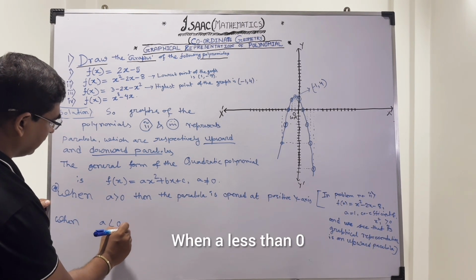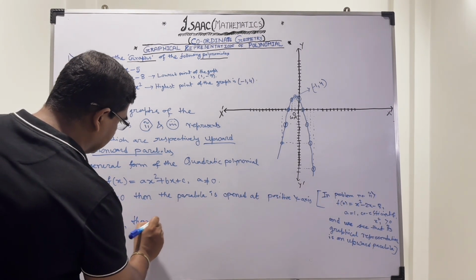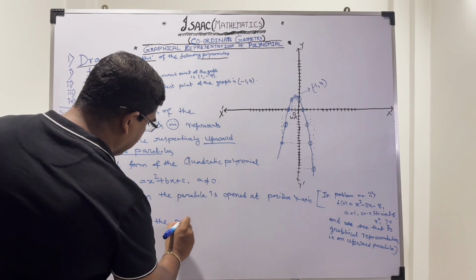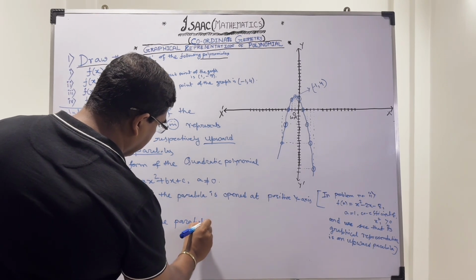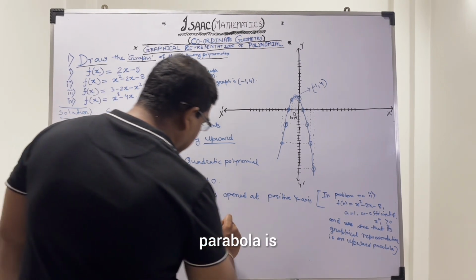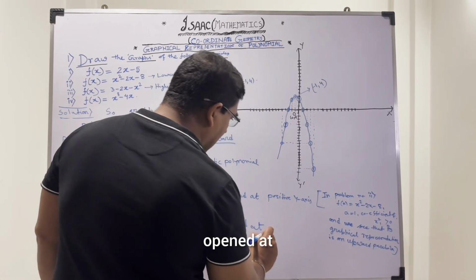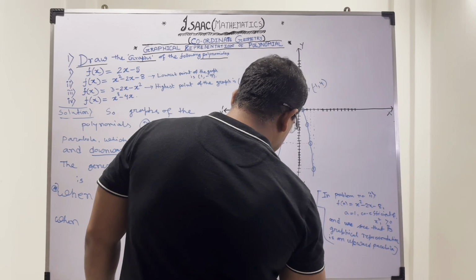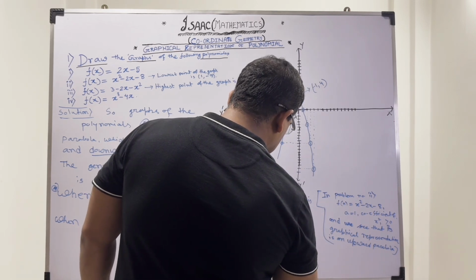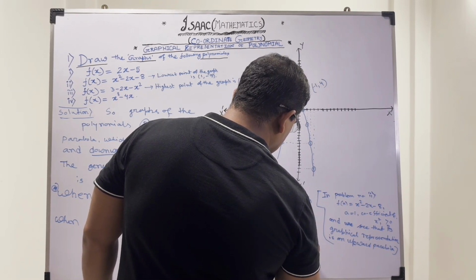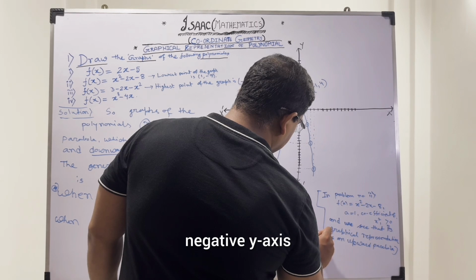When a less than 0, then the parabola is opened at negative y-axis.